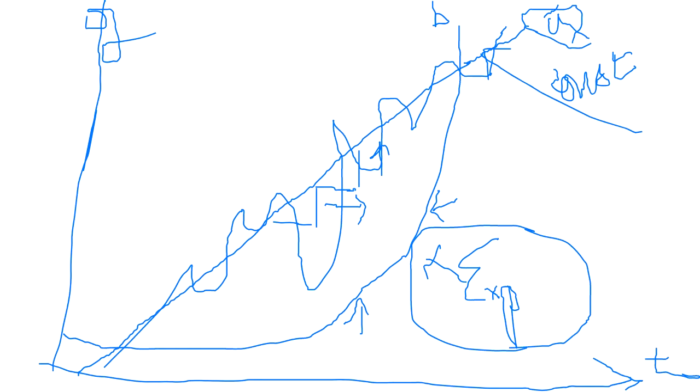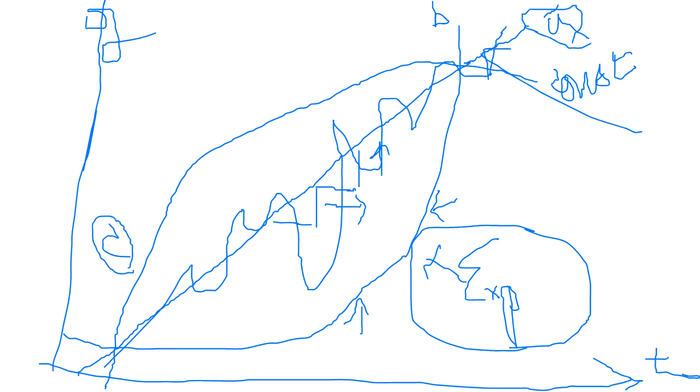Now, there's a third pattern, which is like this, right? Let's call this C. Growth pattern C. This is called decay. Why is it called decay? Well, the growth rate is decaying. Early on, it's growing at a very steep or fast rate.